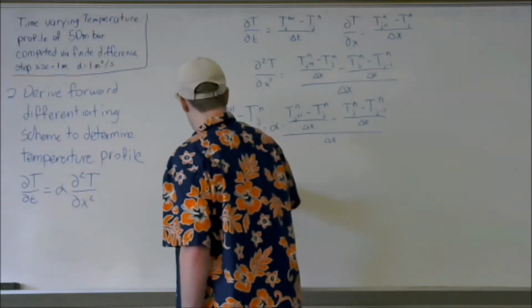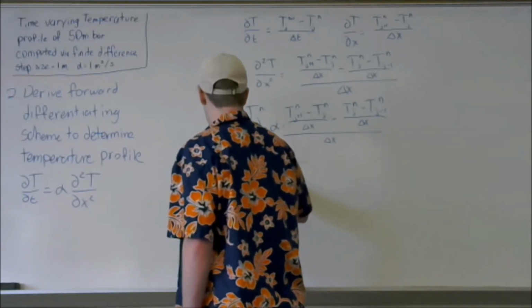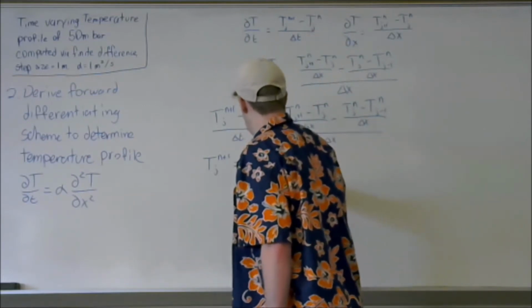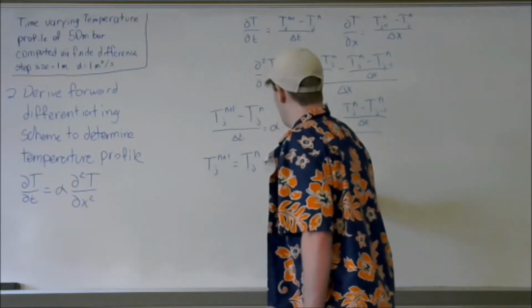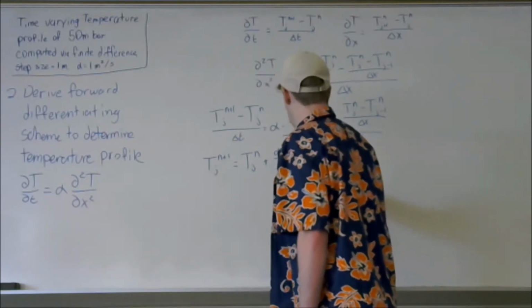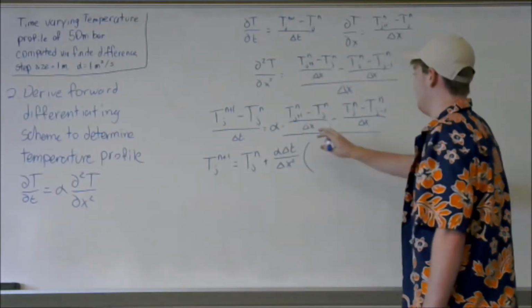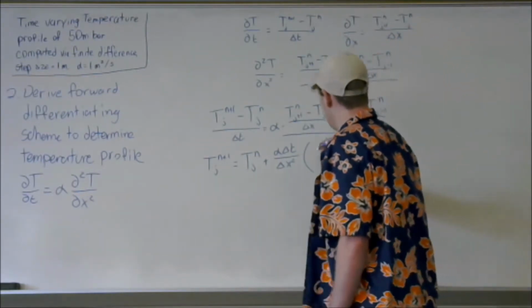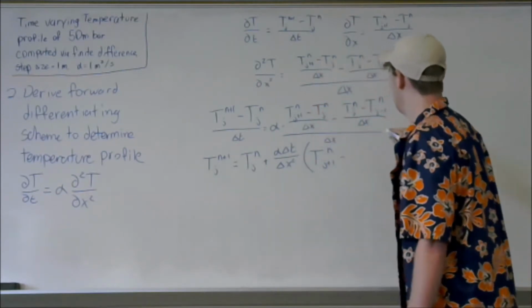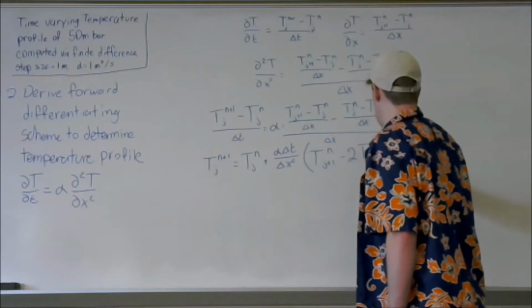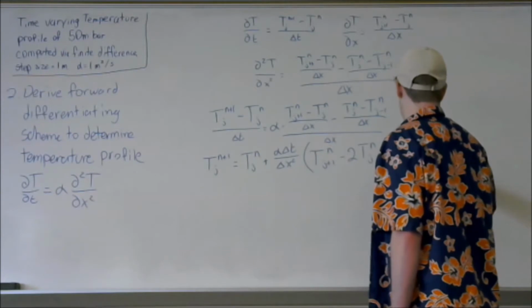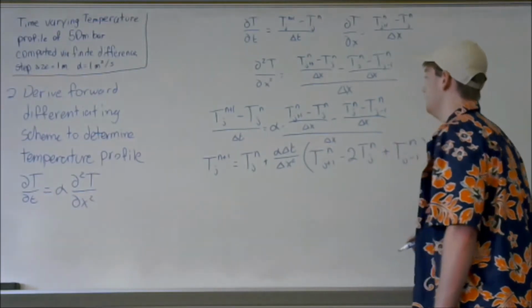So we get a temperature of j and n plus 1 is going to equal, we move this to the other side, T j of n plus alpha delta t over delta x squared multiplied by, we simplify this top row here, a temperature at j plus 1 and n minus 2T at j and n, and then plus the temperature at j minus 1 and n.